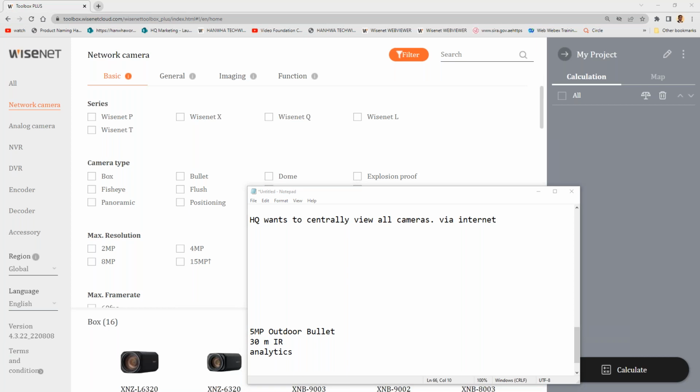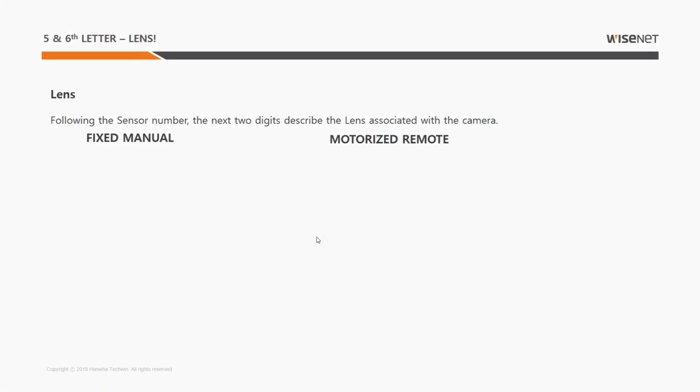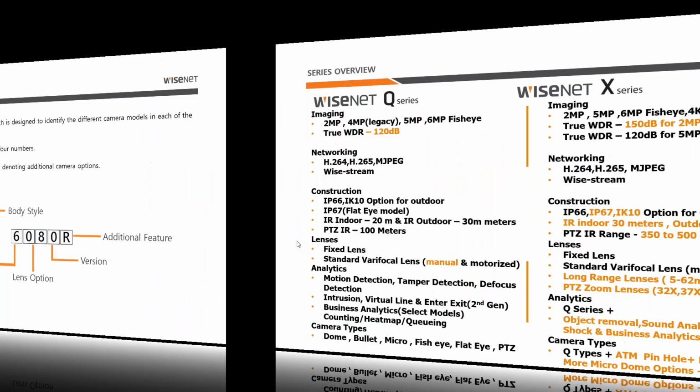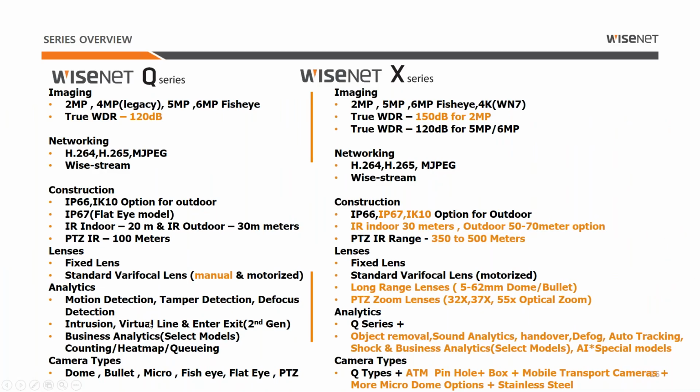For example, in the slide we saw the difference between Q and X. The analytics, motion tamper, defocus, line crossing, intrusion, enter exit, it's there in Q itself.